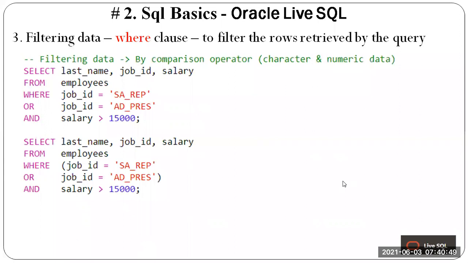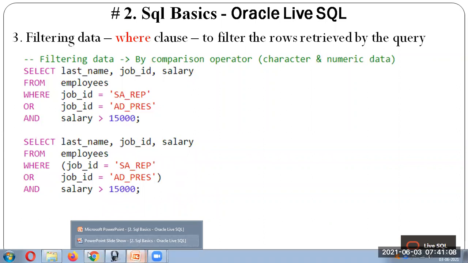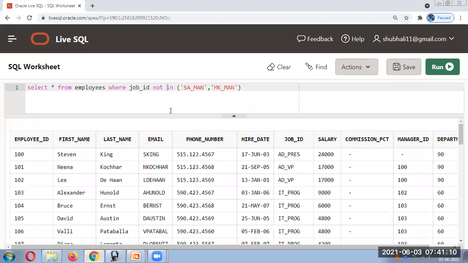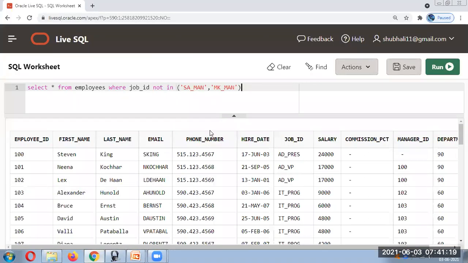Then we have the comparison operator OR also. OR stands for either of the conditions. And then we can mention these two with the help of brackets, which is how you can override precedence. So let's try that also. First let us try OR.